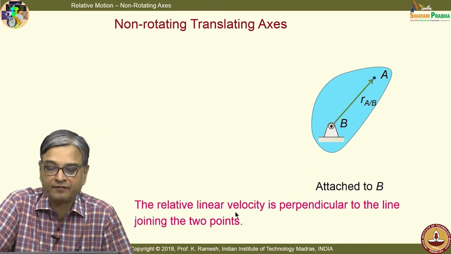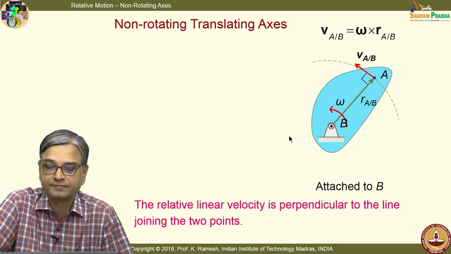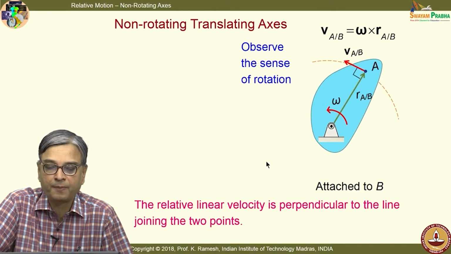The relative linear velocity is perpendicular to this line joining these 2 points, and the point A, when I view it from point B, it rotates. Observe the sense of rotation.